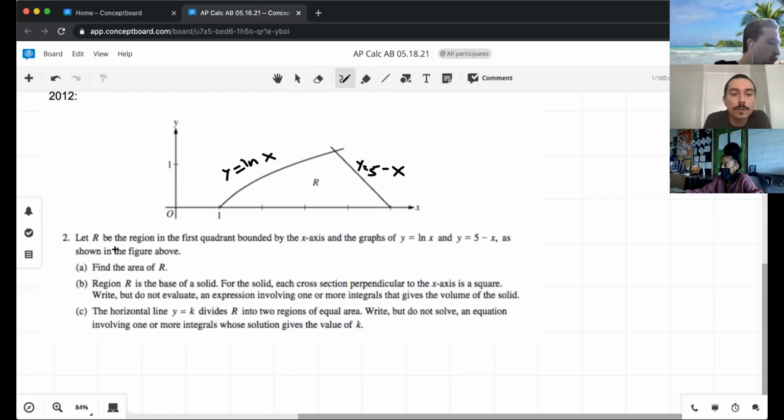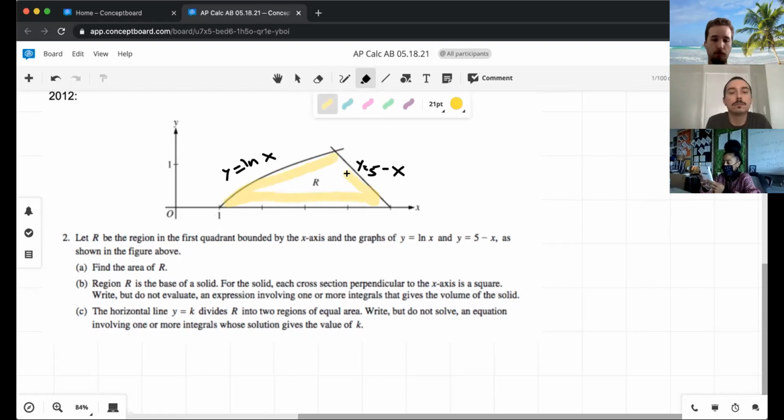First, we want to find the area of the region R, so this whole bit here. There's a couple ways we could do this, but both of them are going to require a little more information.